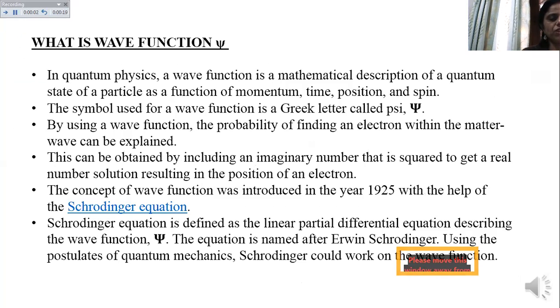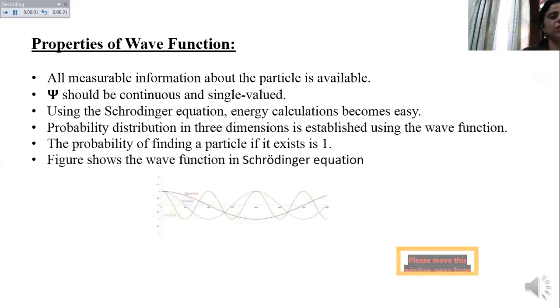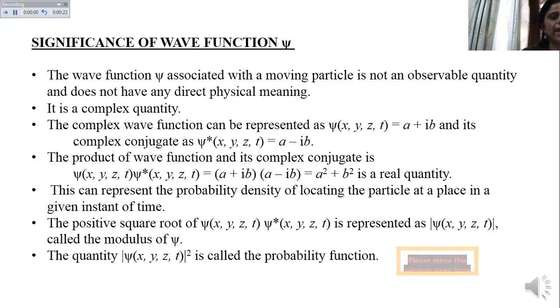Then how the wave function is associated with it, what the properties of the wave function are, what the significance of the wave function is, and what a wave function is. Thank you. This is all about this topic.